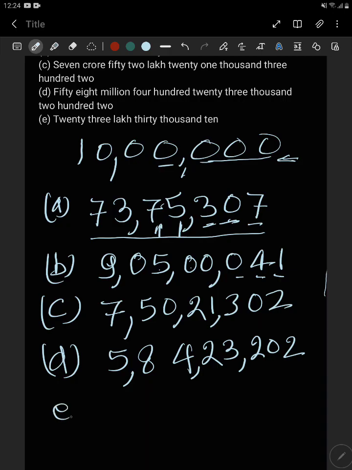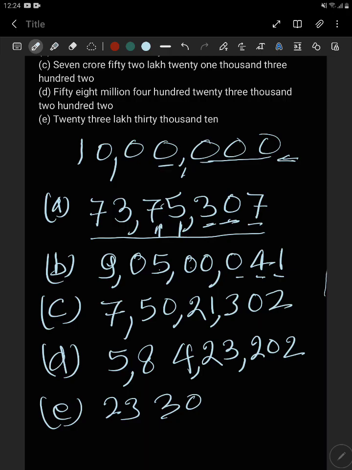Now question number E. Question number E is 23 lakh 30,010. Okay. So in place of lakh what is there? 23. In place of lakh it is 23, and then it is talking about 30,000. In place of 1000 what is it talking about? 30. So we'll write 30.